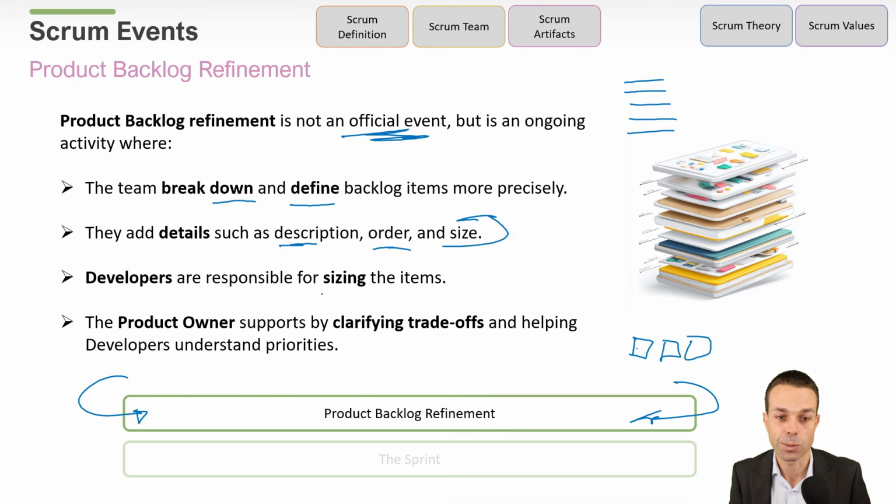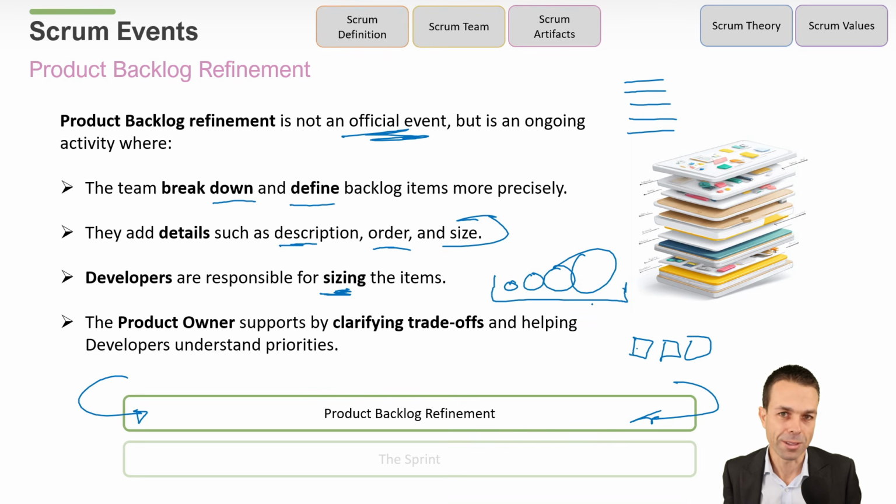Developers are the ones responsible for sizing the items. So how long will it take to deliver? How complex is it? What is the size? Is it small? Is it medium, large, extra large? And there are various sizing methods. Those aren't described in the Scrum Guide. You might use the Fibonacci sequence, or you might use t-shirt sizing, small, medium, large, extra large, just as some examples.